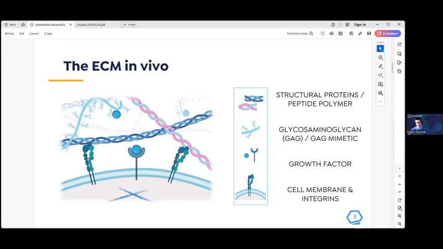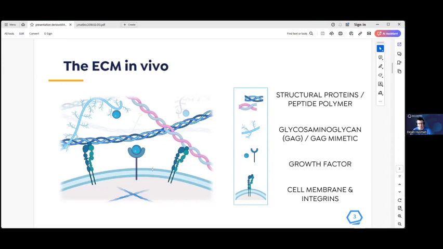In order to recapitulate the extracellular matrix faithfully and in a way that maximizes a certain cell response or healthy growth, you want to recreate not just the proteinaceous part, but potentially also the sugar or glycosaminoglycan component.